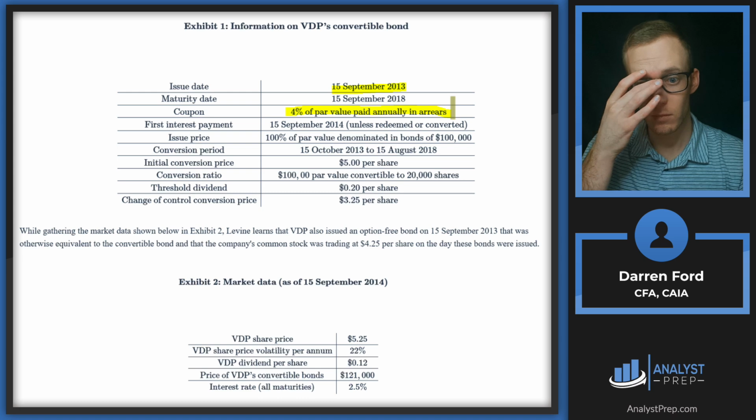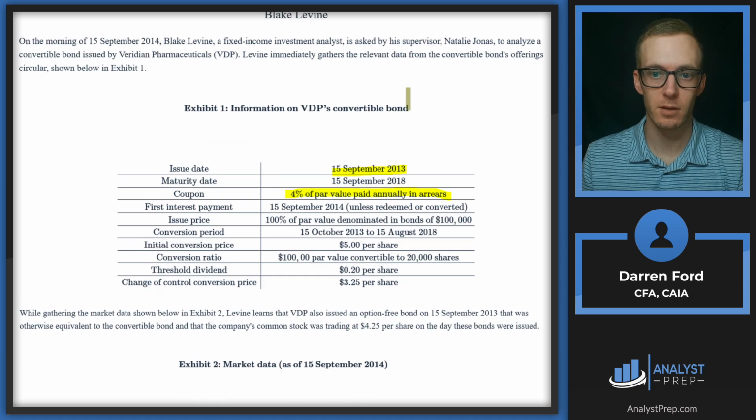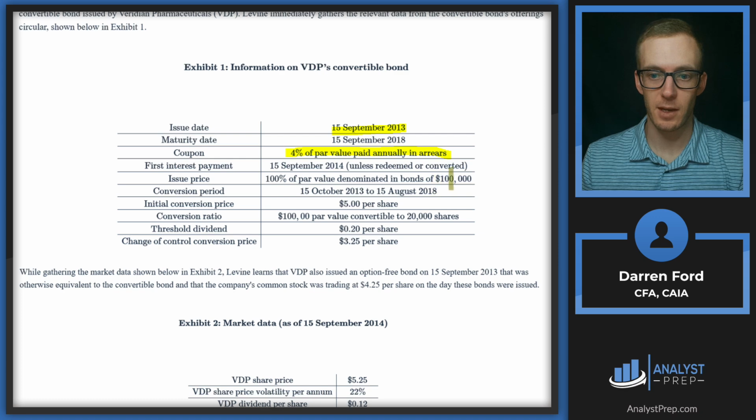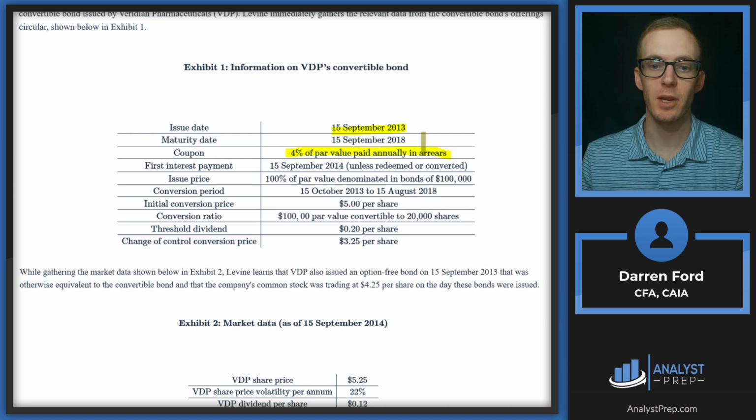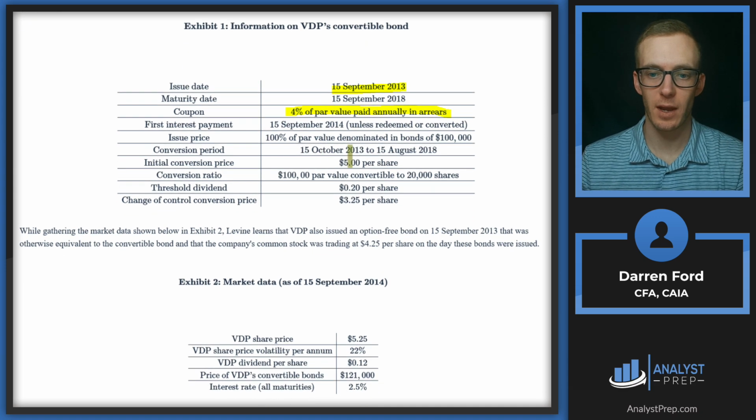So did it say how much we bought here? We bought bonds denominated in 100,000. So we're going to be getting 4% of 100,000. That's going to be our coupon, so $4,000 per year. We've got conversion period, initial conversion price, conversion ratio, threshold dividend, and change of control conversion price.